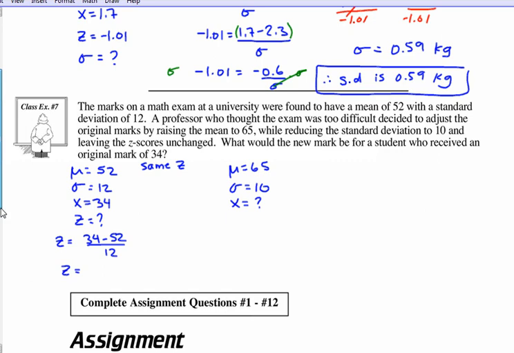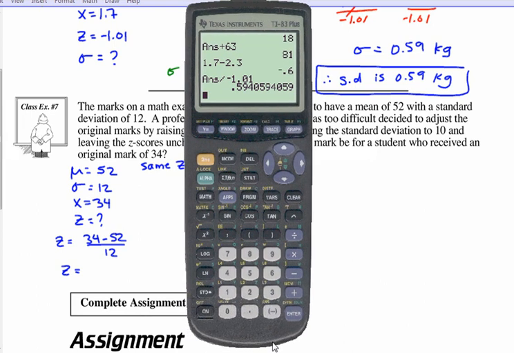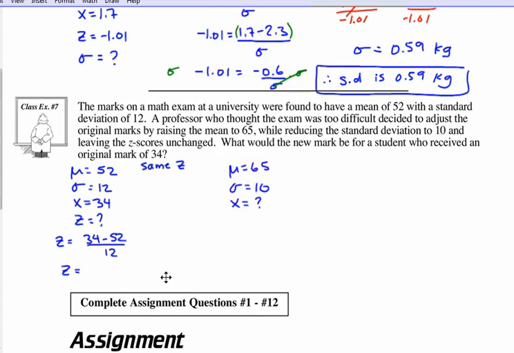So with my calculator, 34 minus 52, bracket, divided by 12 is negative 1.5 standard deviations below the mean. So we know now these are the same, so his Z score is also negative 1.5.